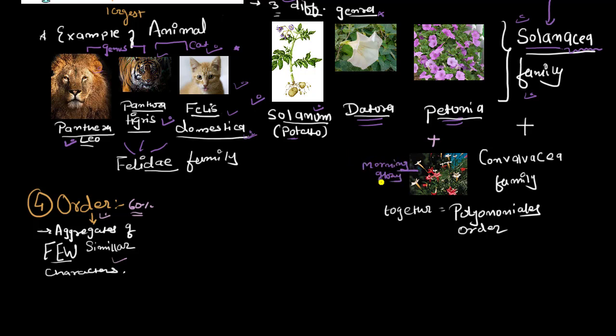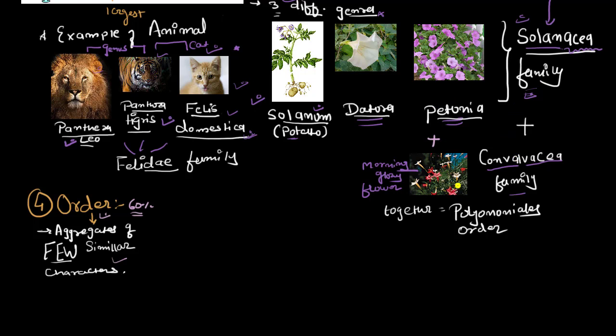You may have heard about them, right? So this is also a family. If I add one more family, which in the scientific world you call the Convolvulaceae family, both families have some kind of similar characteristics.